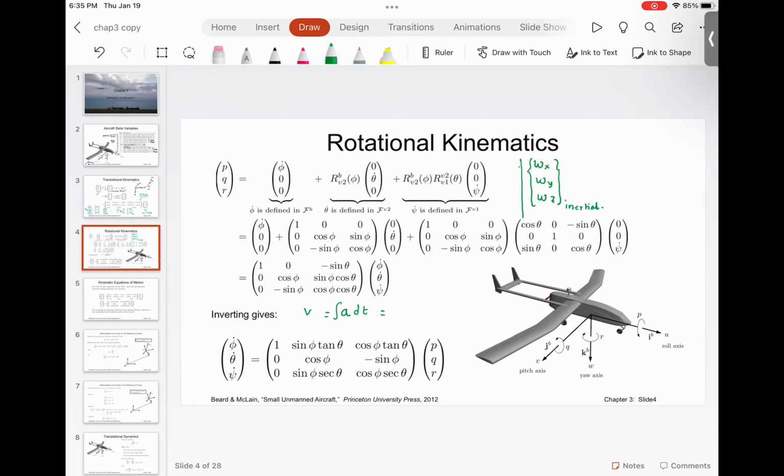Just imagine if I have a constant acceleration, this is going to be a times t. If I integrate the velocity and try to find position, what I have is a t square by 2 plus a constant times t plus another constant.